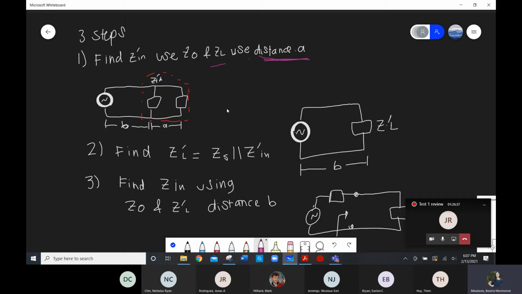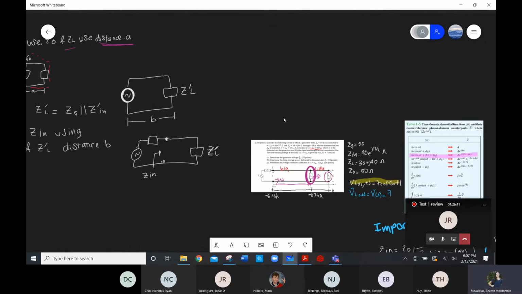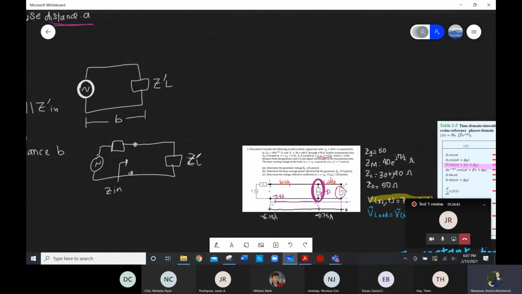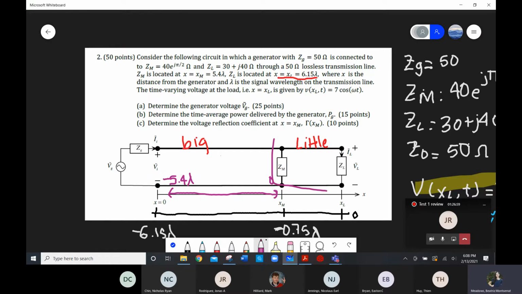So basically what we're doing is taking these two transmission lines and we're gonna collapse them. Basically we're combining impedances like we did back in circuits 1, right? So we're just combining those impedances in parallel, okay? So the first step is to collapse this part to have an impedance in parallel.